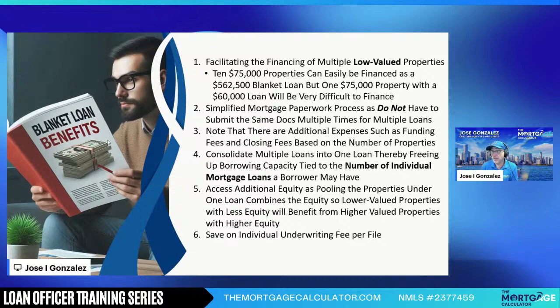That usually equates to a value of somewhere around $93,000, $94,000. So you can see the only way we could do, let's say, two $75,000 properties is with a blanket loan. So that is the main benefit to a blanket loan.